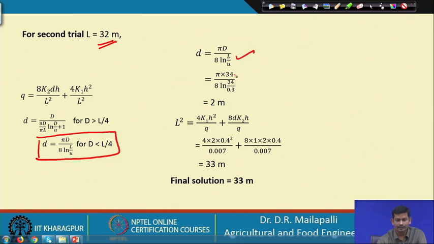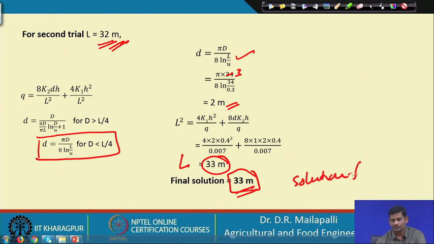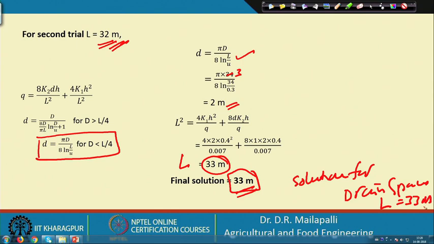And this is supposed to be 3 meter, and you get 2 meter for small d, and then finally you get L is equal to 33. So, the final solution is 33, the initial guess is 32, they are very close. So, you can take L as 33 meter. That is the solution for drain spacing, L equal to 33 meter.